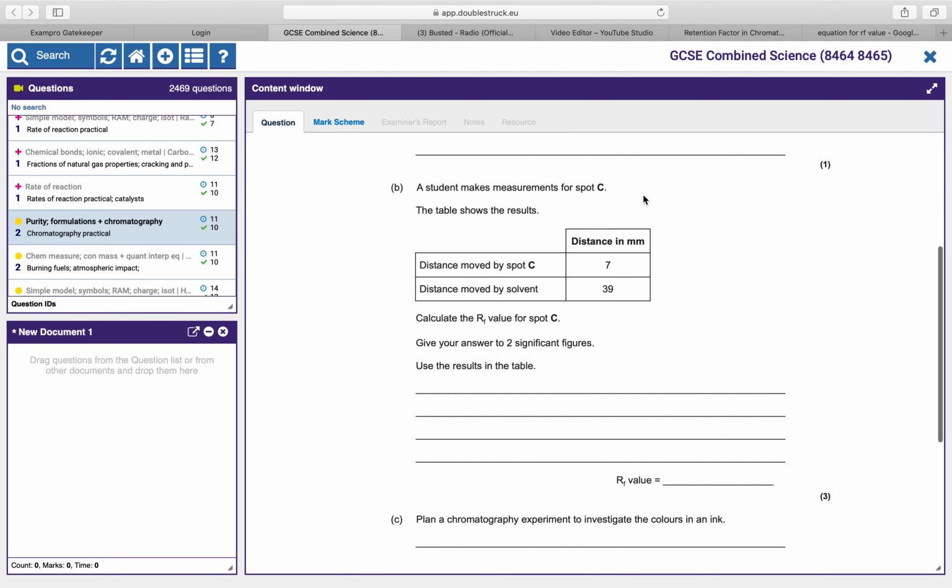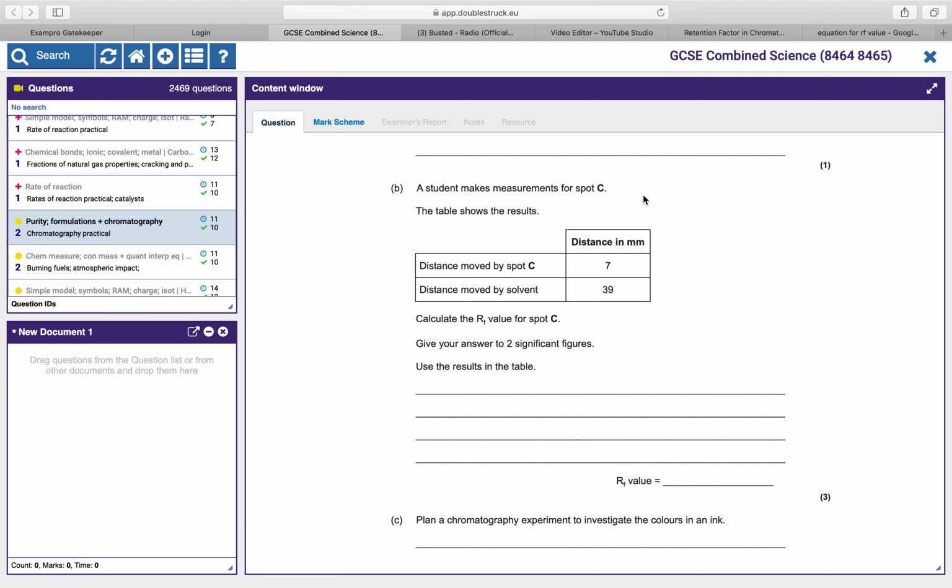And then this next one is on Rf value. Rf value is to do with retention. It's known as a retention factor. You don't actually need to know what it stands for in your exam, or what it actually means by definition. You only need to know how to calculate it.